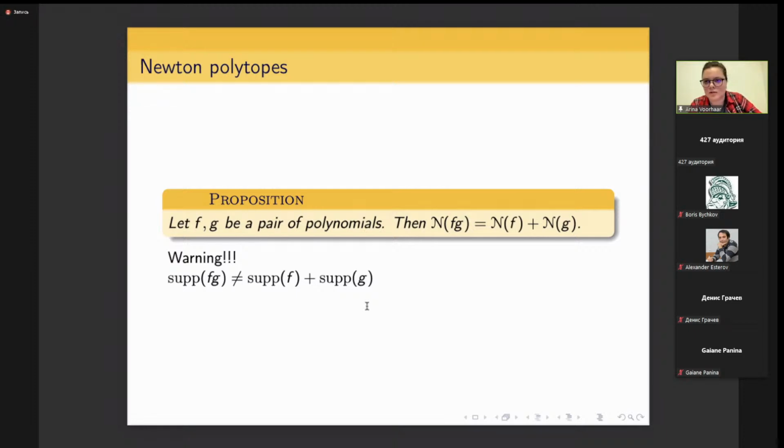On one hand, it's a product of x minus 1 times x plus 1. But at the same time, its support is {0, 2}, while the Minkowski sum of the supports of those multiples is {0, 1, 2}. So these guys don't coincide. But for Newton polytopes, it's true.